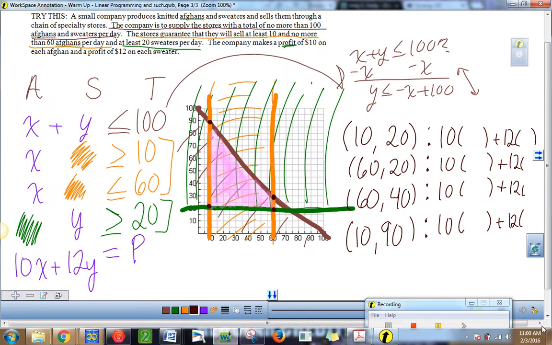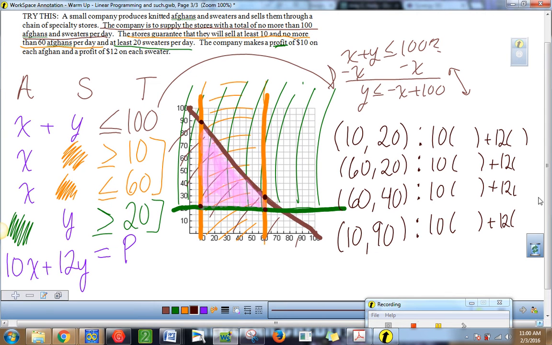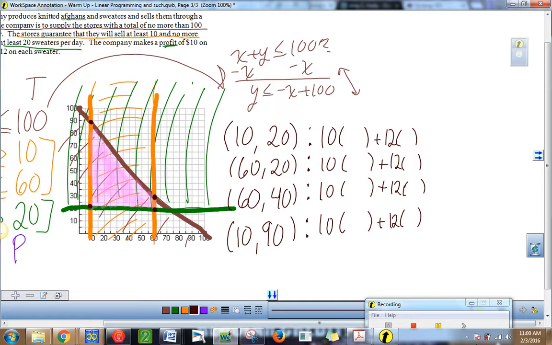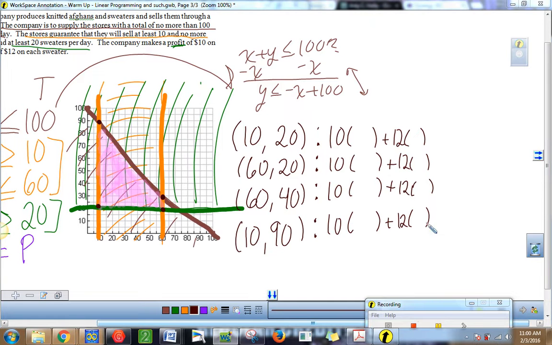That's how I like to be efficient. And then chuck them in the calculator, or if you can figure them out by hand, figure them out by hand.